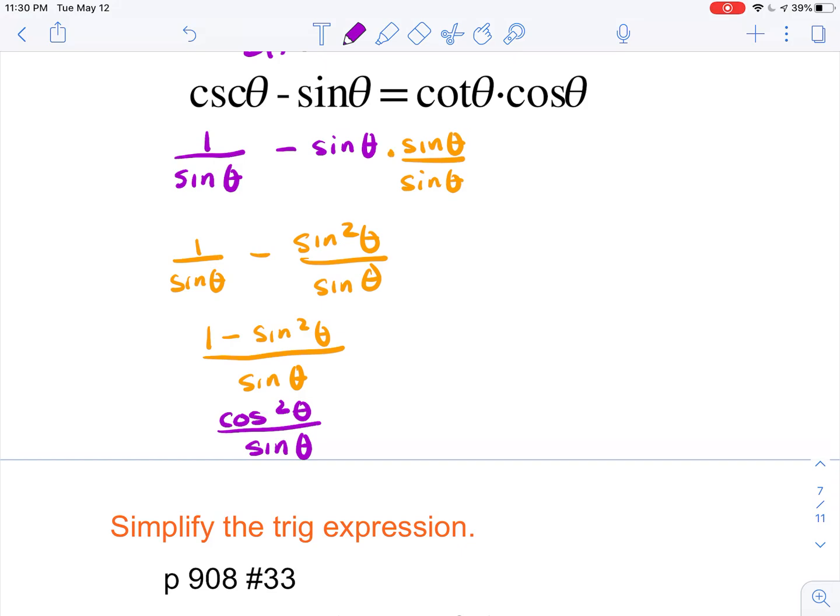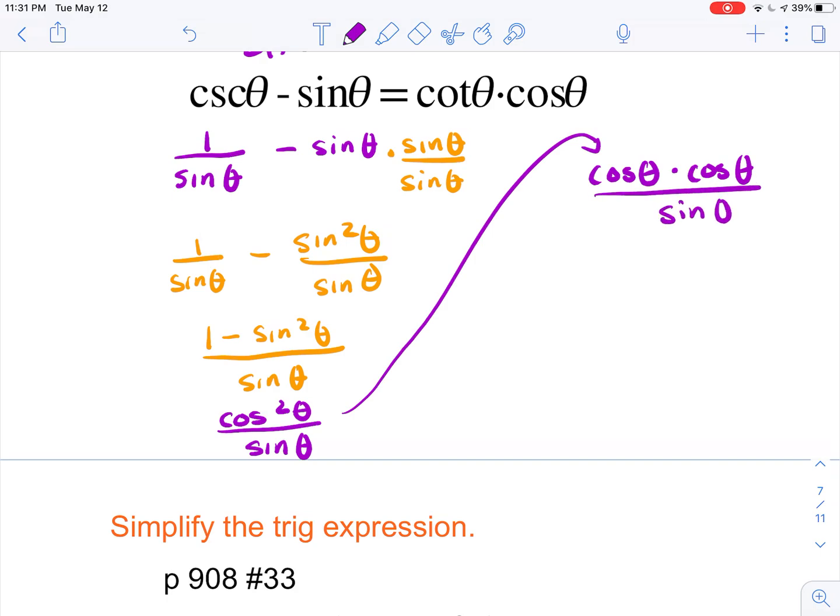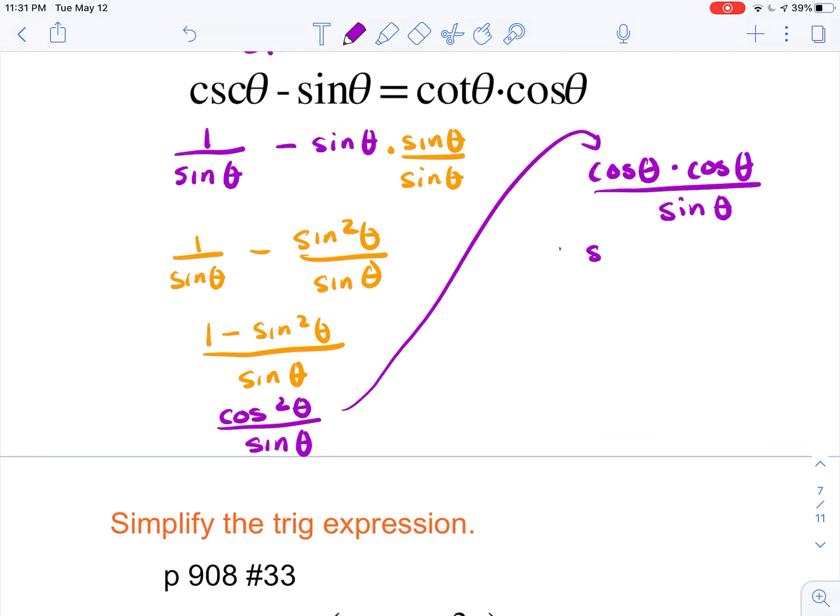Okay, so now again, I want this to look like cotangent theta times cosine theta. Well, those are two different multiplications. So what can I do with this? Well, I could have two different multiplications because I have cosine squared. We know that's the same as cosine times cosine, all over sine.